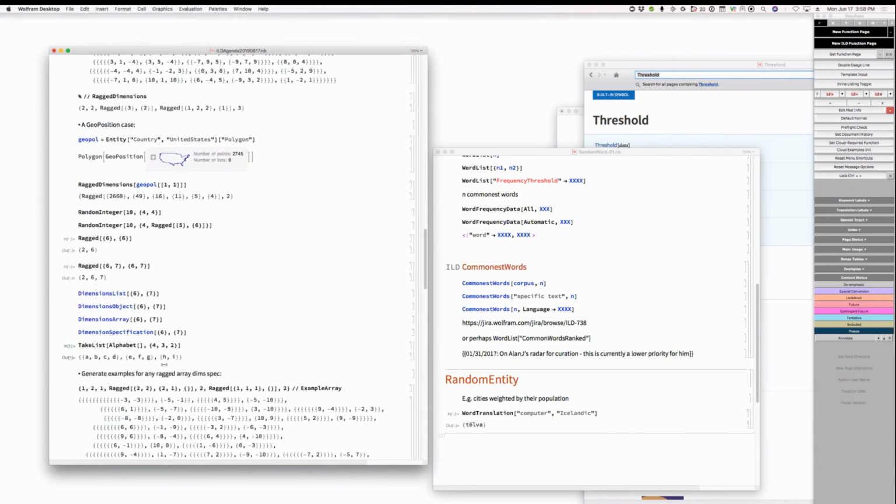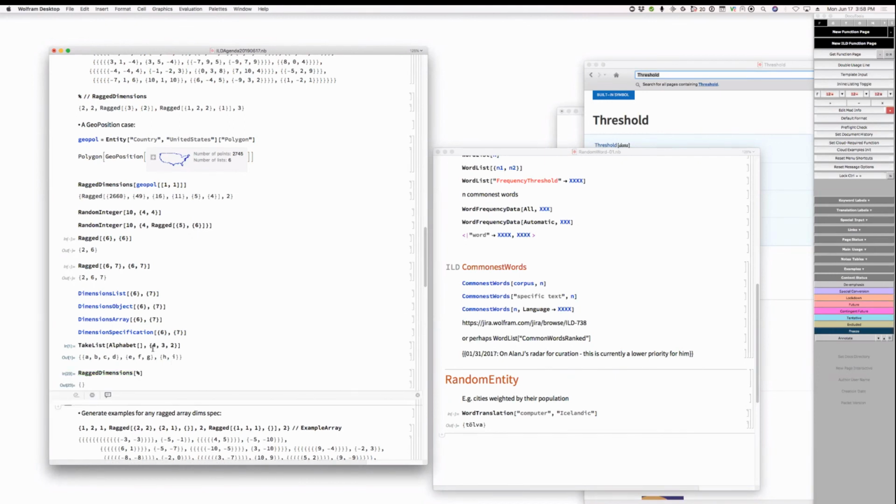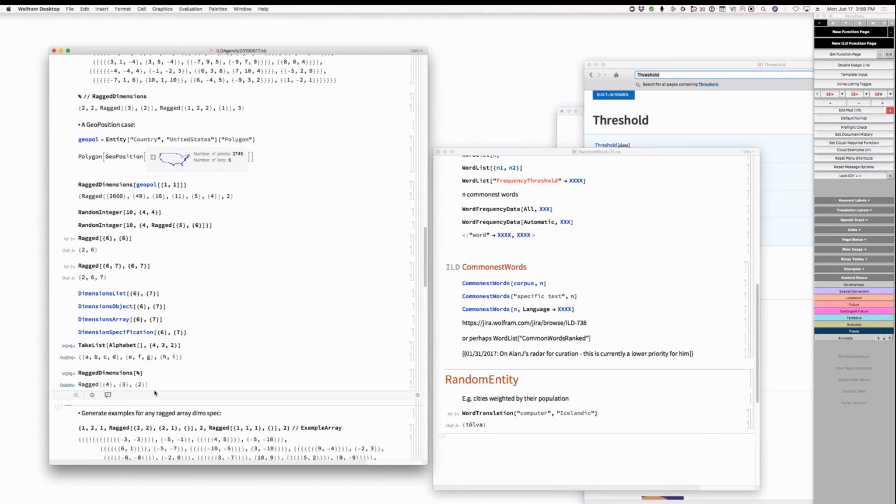And I'm not keeping this notebook. So whatever decorator there is for this thing.